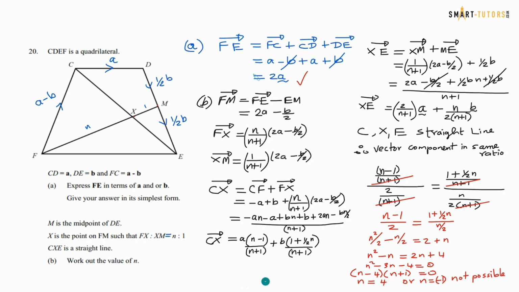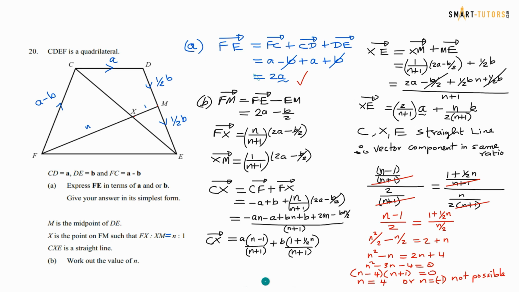So the theory says CXE is a straight line means the vector CX and the vector XE have the same vector component. In other words, their A vector and B vector have to be in a ratio, right? If 3 points are on a straight line, the two vectors have to have the same vector component. That's the theory we are going to be using.